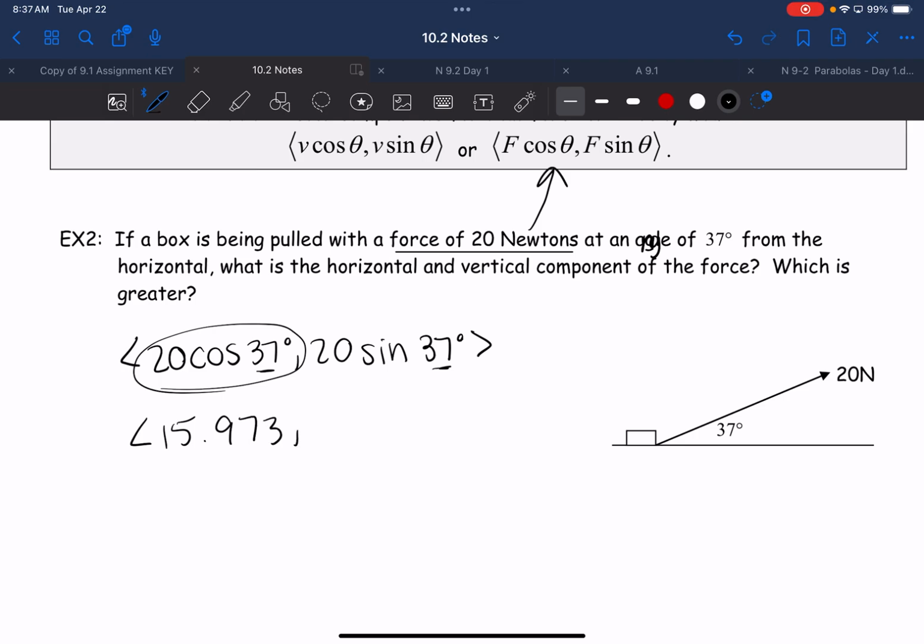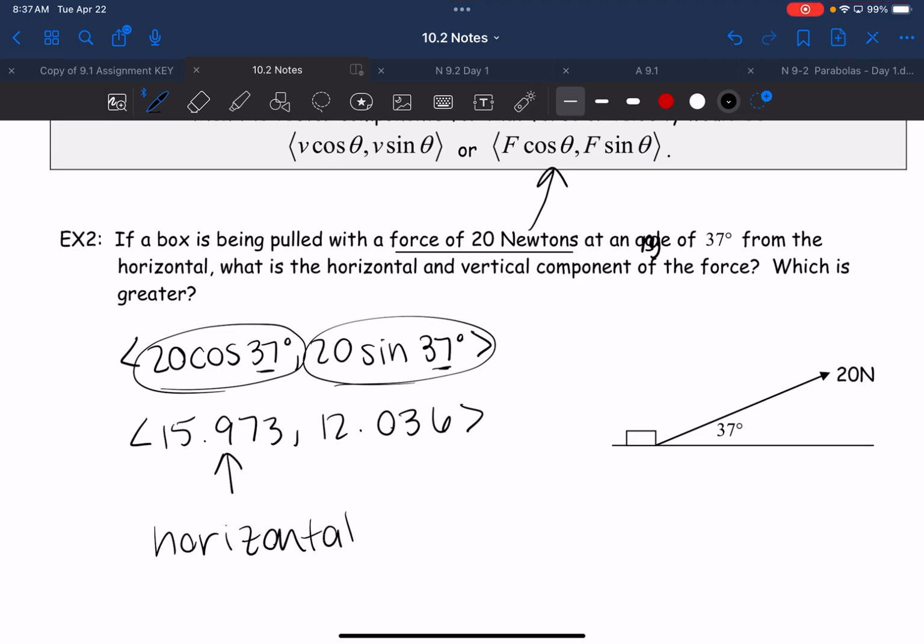All right. What about when you type in 20 sine of 37? Good. All right. And they asked which force was greater, the horizontal or the vertical? Horizontal, right? Because this is going to represent our horizontal. So we'll say horizontal force is greater. Good.